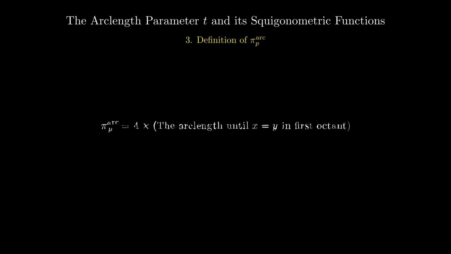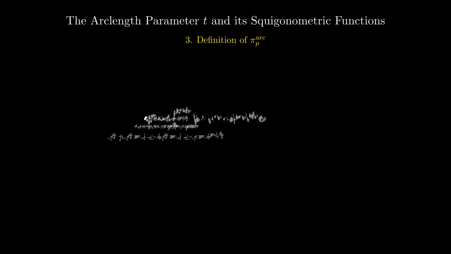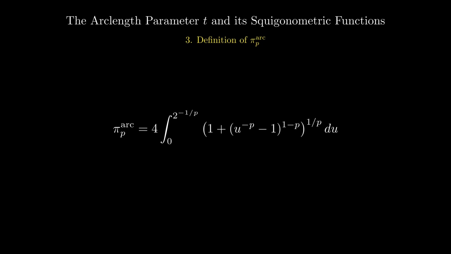Namely, if you take the line y equals x and take its intersection point in the first quadrant with the squircle, that point right there is also 1/4 of the semicircle. So if we work out what that point is, we can make the integral look a little more slick. Just set y equal to x and solve what this value has to be. And finally, we can multiply the integral by 4 to get a valid definition of pi p arc that we'll add to our list in a couple of moments.